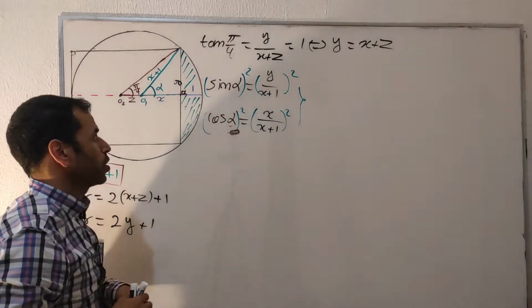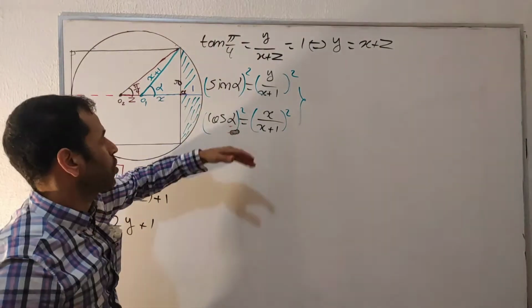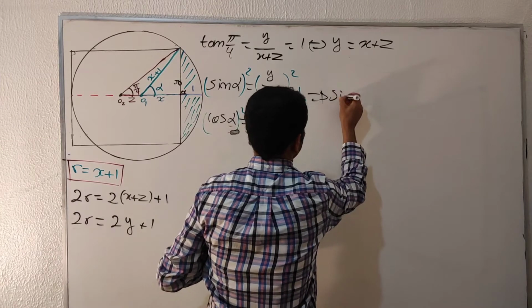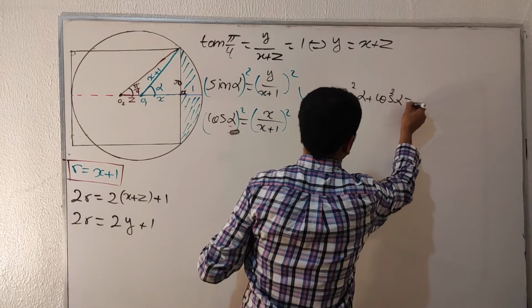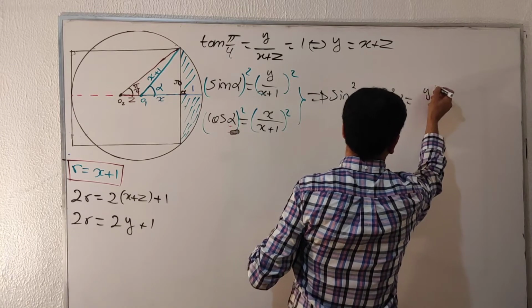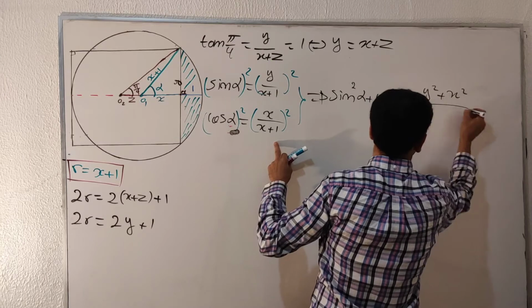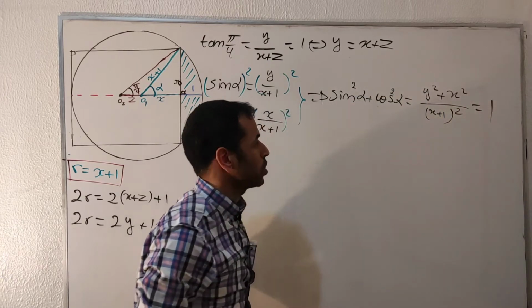I will have a nice formula. We know sine squared of alpha plus cosine squared of alpha equals 1. This tells us sine squared alpha plus cosine squared alpha equals y squared plus x squared over (x plus 1) squared, which equals 1. It's a very well known formula.